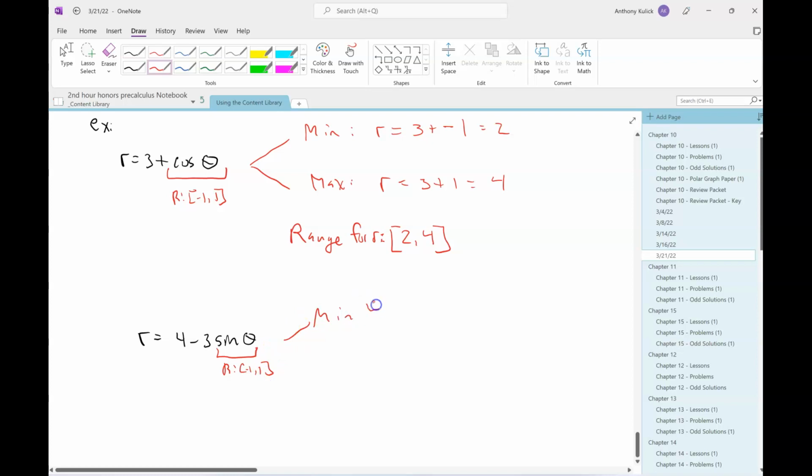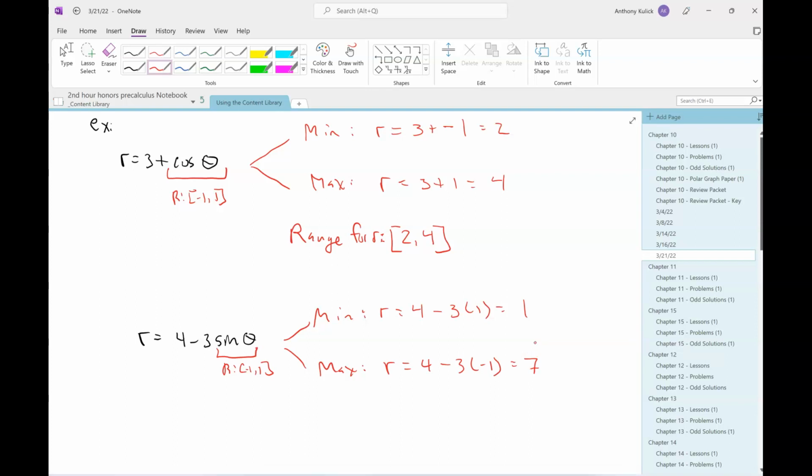So the minimum is going to happen when sine is +1, and the maximum will happen when sine is at -1. Why is it opposite like that? Because there's a negative sign in front of the sine, right? Since it's a negative sign, it's actually biggest when sine outputs -1, because negative of a negative is positive. You get the idea.